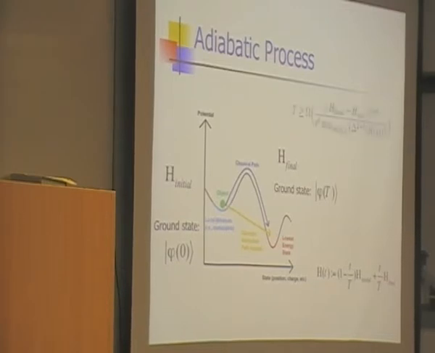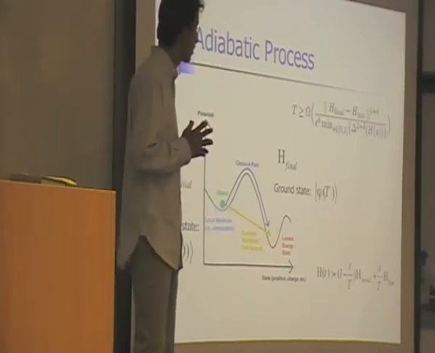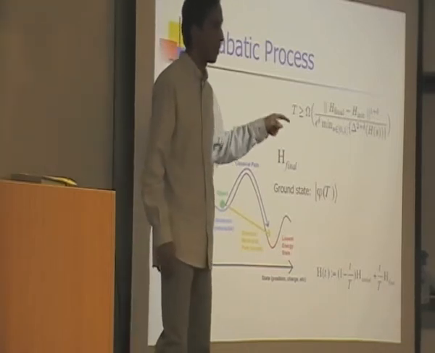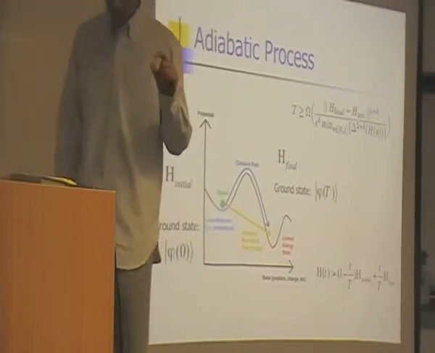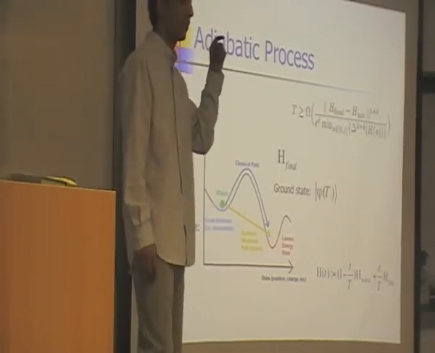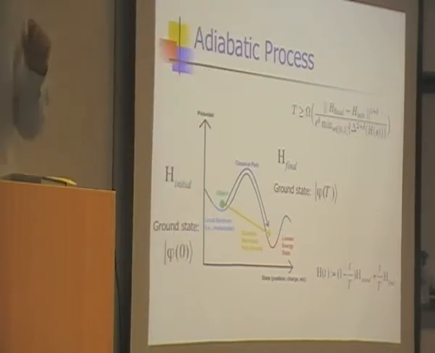And in adiabatic computation, almost the most important criterion is to check that the eigenvalue gap, the gap between the first two eigenvalues, is not decreasing exponentially.